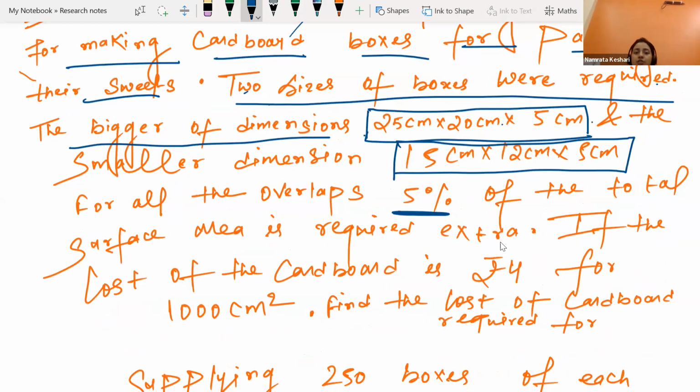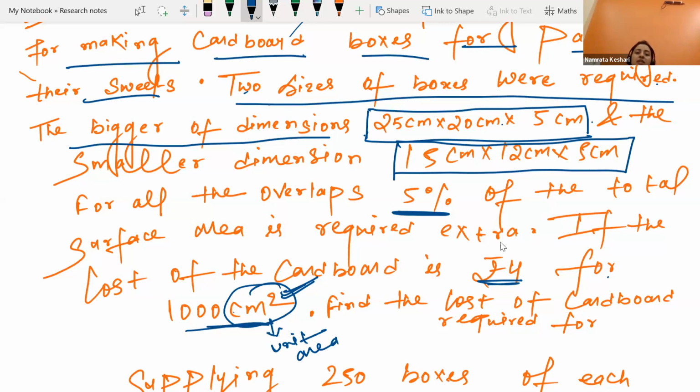If the cost of the cardboard is rupees 4 for 1000 centimeter square. See, centimeter square is there. It is indicating that we should first find the surface area of each box. Centimeter square is the unit of area, and this indicates that we are supposed to find the area first. Then only can we think about finding the cost.